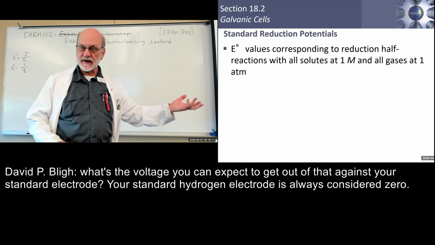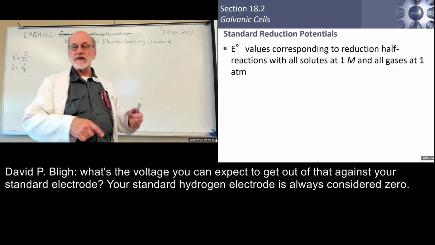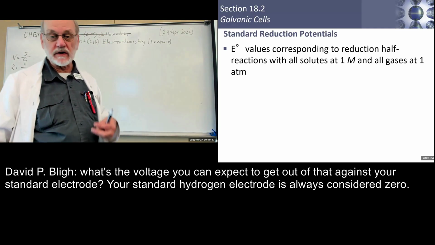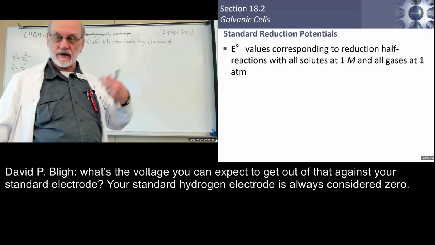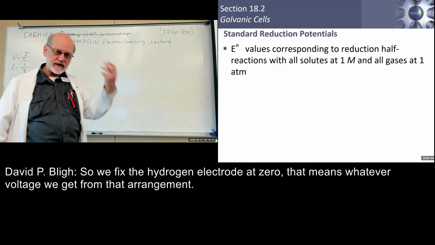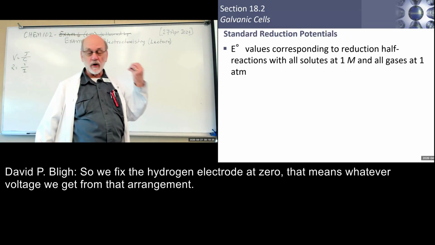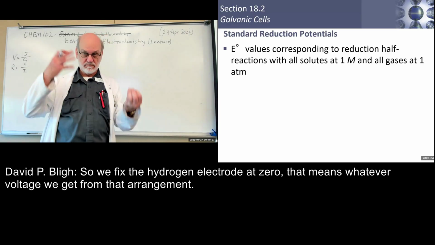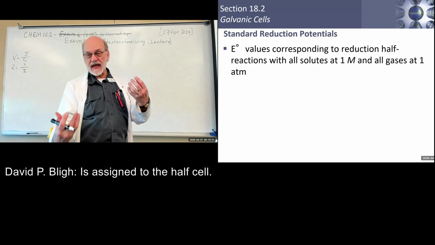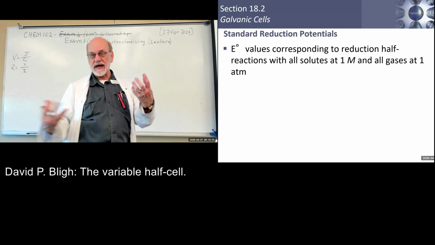What's the voltage you can expect to get out of that against your standard electrode? Your standard hydrogen electrode is always considered 0. So we fix the hydrogen electrode at 0. That means whatever voltage we get from that arrangement is assigned to the half cell, the variable half cell.